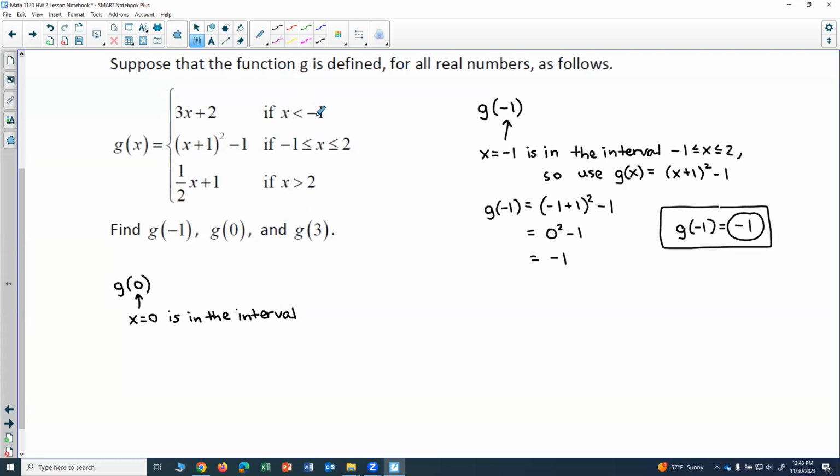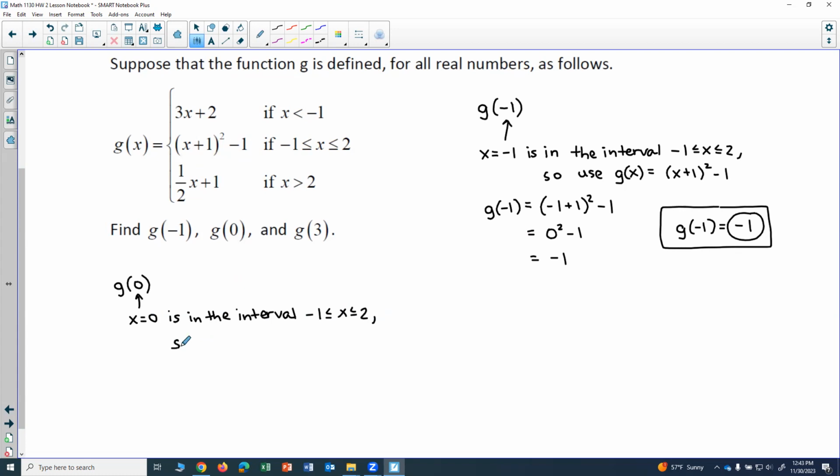Is it less than -1? No. Is it between -1 and 2 inclusive? Yes. So it's in the interval -1 less than or equal to x less than or equal to 2. 0 would be in that interval.